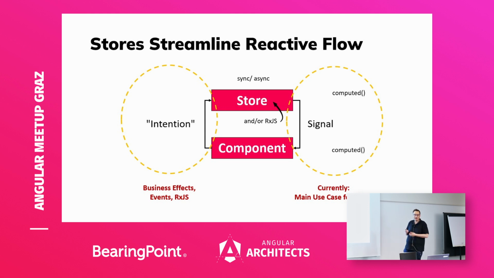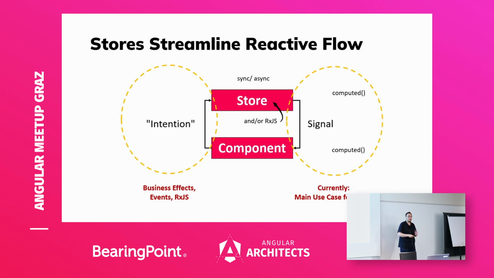And when the store is then doing something, acting like the Duracell rabbit that is working something for you, then it produces new state. This work can be done in a synchronous way, but more importantly, in an asynchronous way. And then you can use the signals to propagate the new state down, the result of the synchronous or asynchronous operation down to your component, or to be more precise, to your component's view.